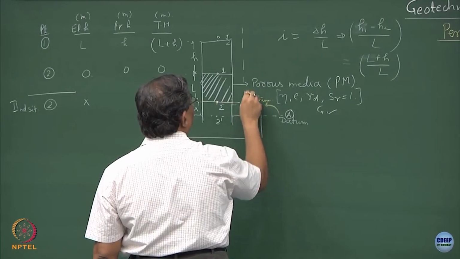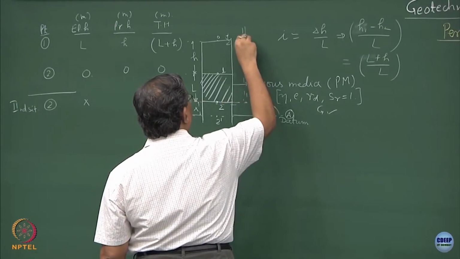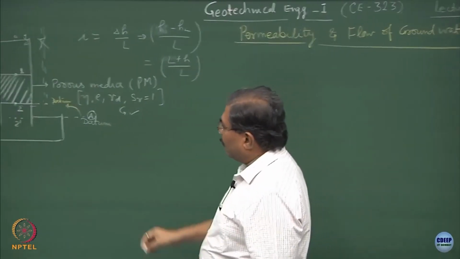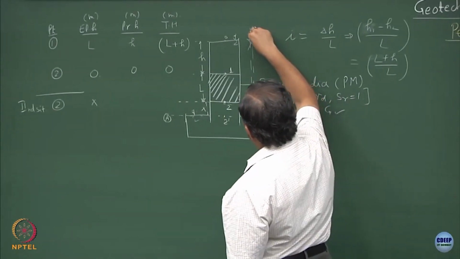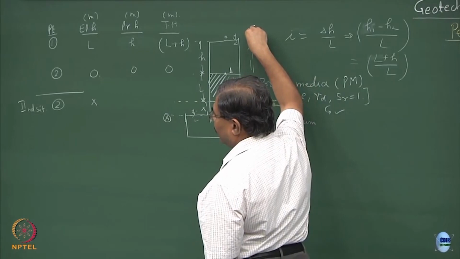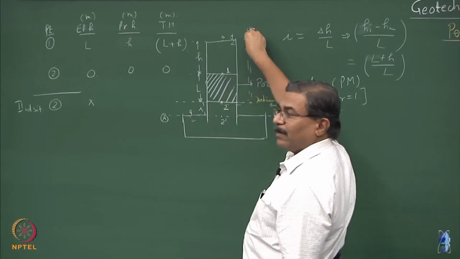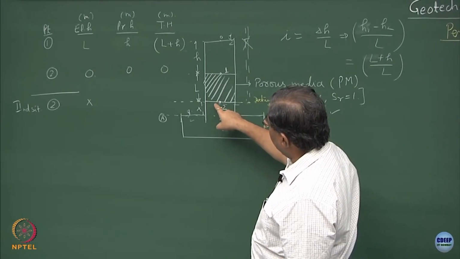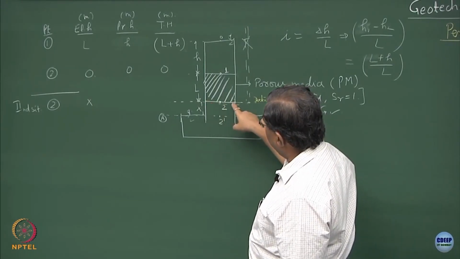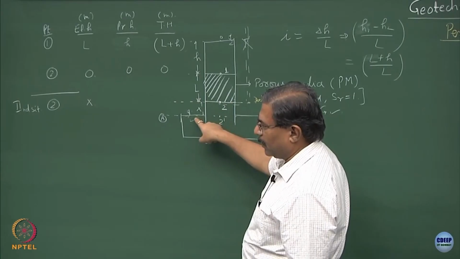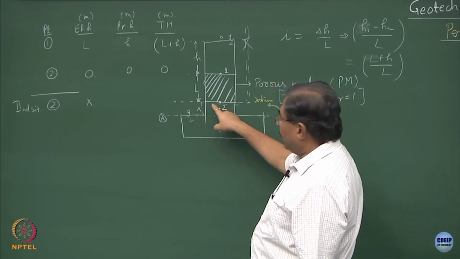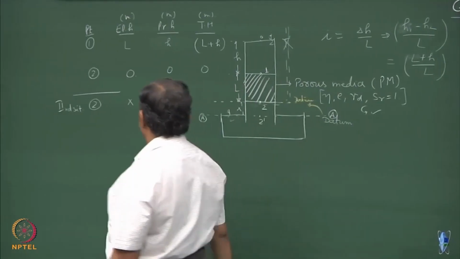This is not correct. Why? It cannot get lifted up to this point. What is the reason? Because the boundary condition says that this line is exposed to the atmosphere, and hence the total head at this point is going to be 0. Clear?